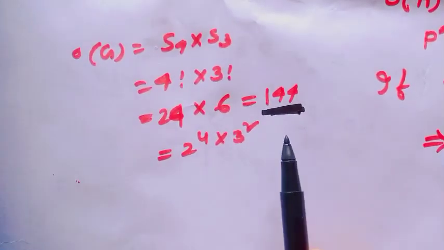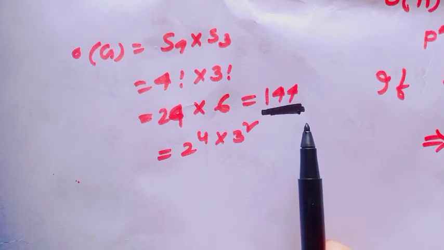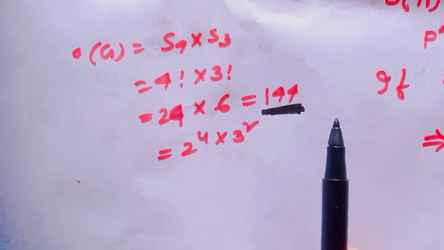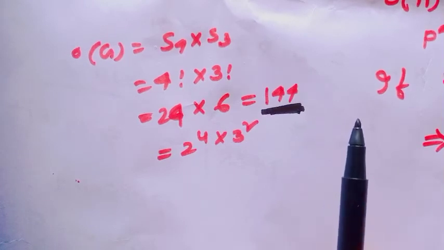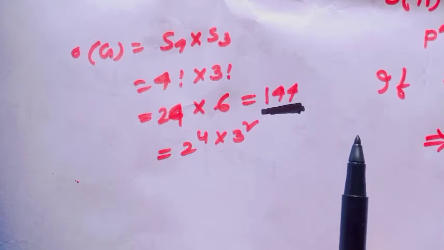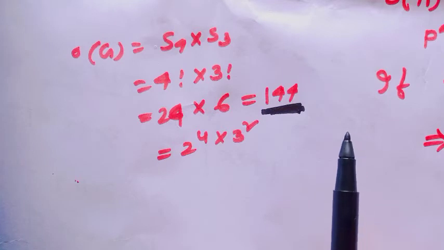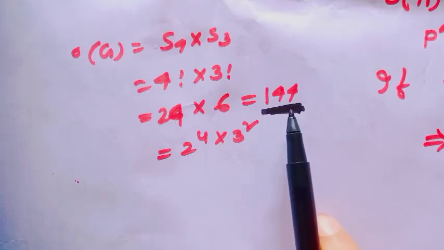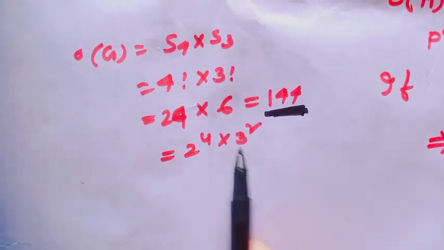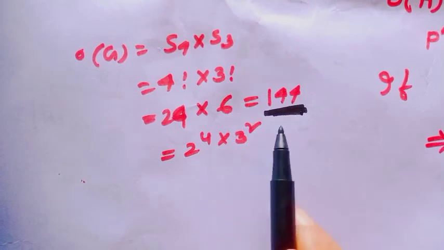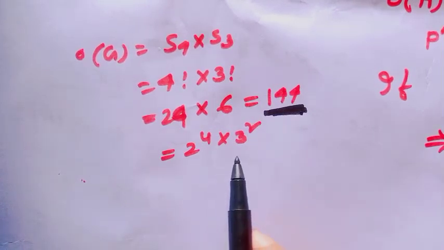Since the order of the group is 144, and the options talk about 2 Sylow subgroups and 3 Sylow subgroups, I will use Sylow's theorem. So I will factor it into prime factors. This is equal to 2 to the power 4 times 3 square.